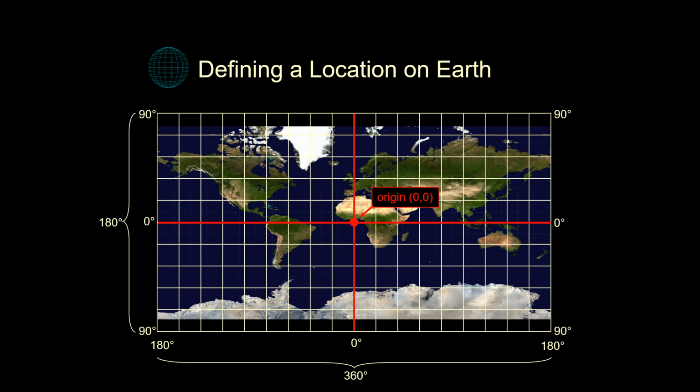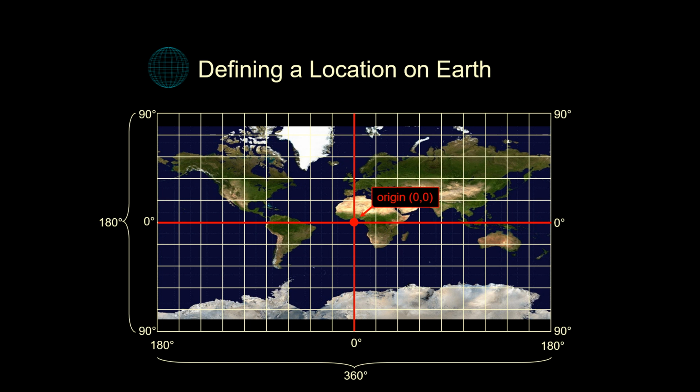So here's our origin point for latitude and longitude. And the way they set up the system, we know that a circle has 360 degrees. So they set it up so that for longitude, they would have 360 degrees that went around the circumference of our planet at the equator.